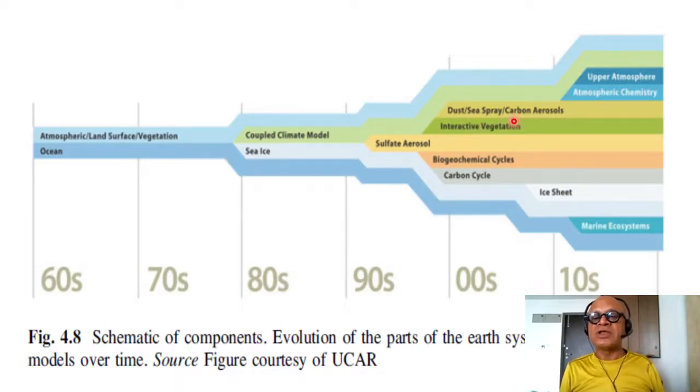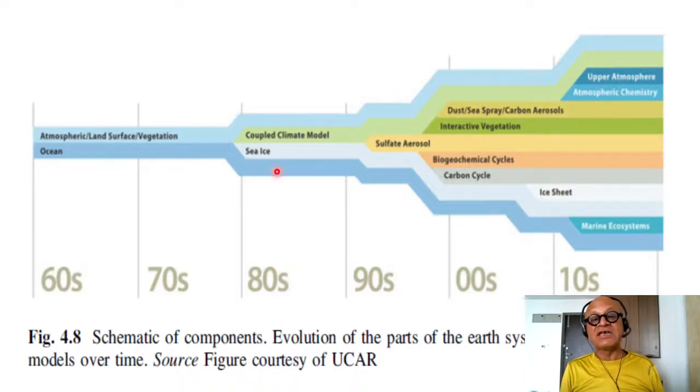Dust, sea spray, carbon aerosols got added. Carbon cycle and other biogeochemical cycles came along in the last 15, 20, 30 years. Ice sheet models became much more common in just about the last decade. So earlier IPCC assessments were done without the ice sheet models.